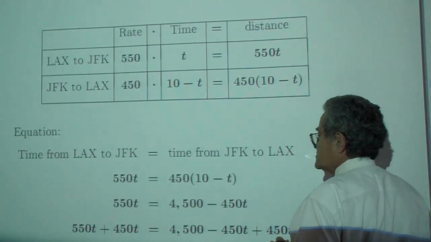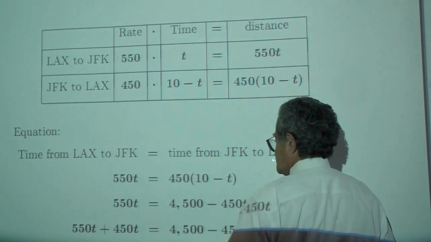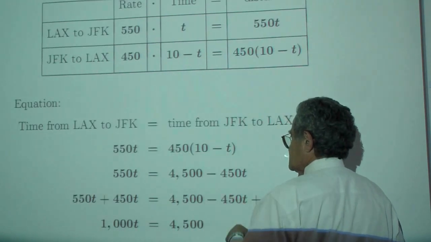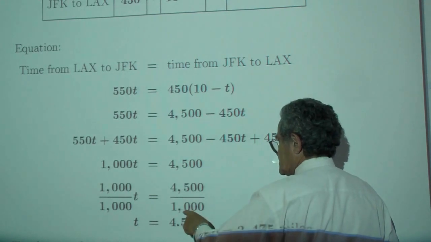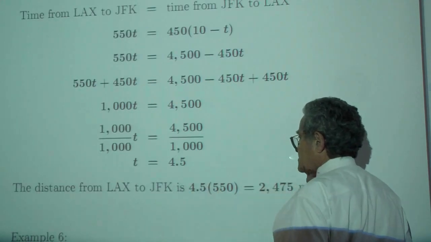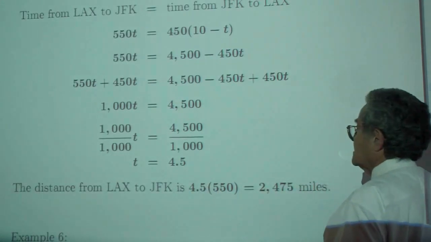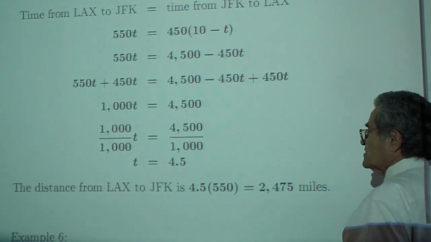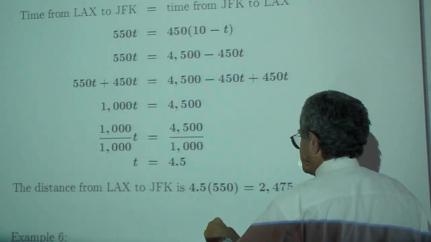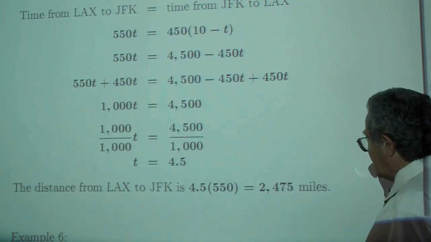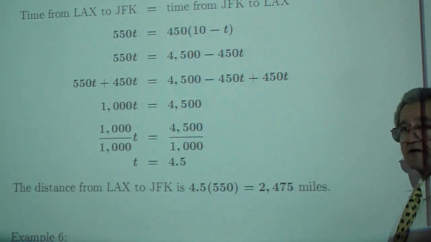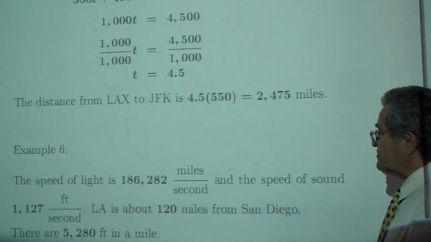And the distance one way is equal to the distance the other way. Distribute, subtract 450t, combine like terms, divide by 1,000. t is 4.5 hours. So the distance from LAX to JFK is 4.5 times 550, or 2,475 miles.